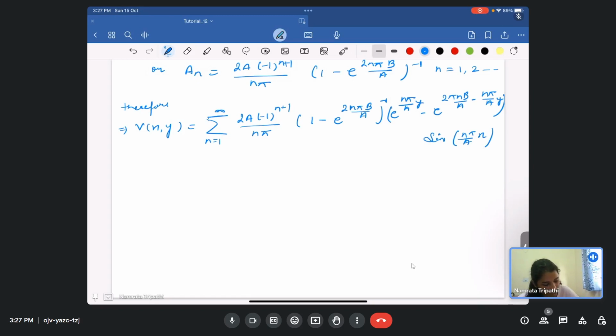You can rewrite this expression also in simpler form.